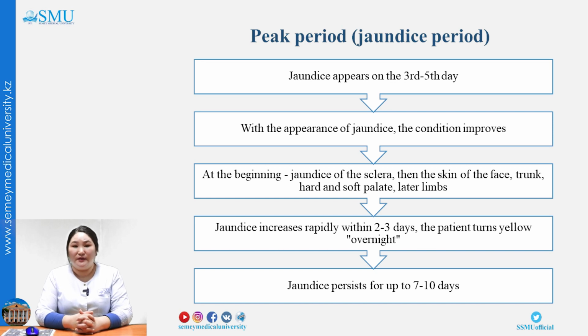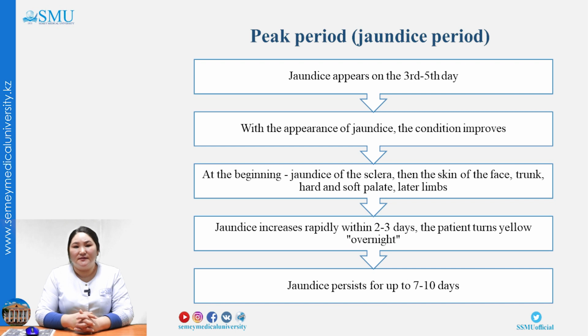Intoxication and condition will be improved. At the beginning, jaundice appears on the sclera, then on the face, then the trunk, and later the limbs. The patient may turn yellow overnight, for example.